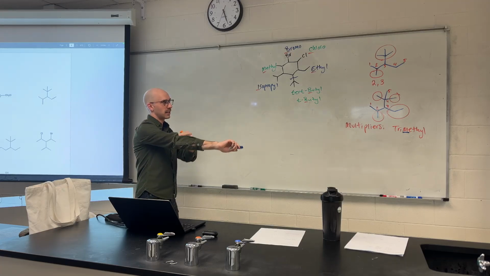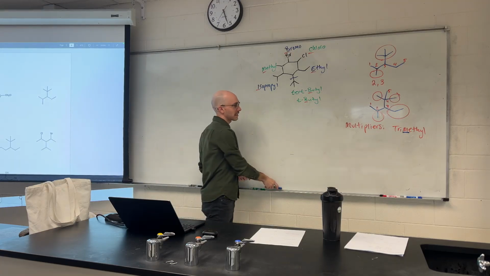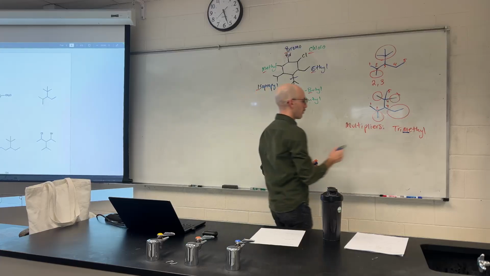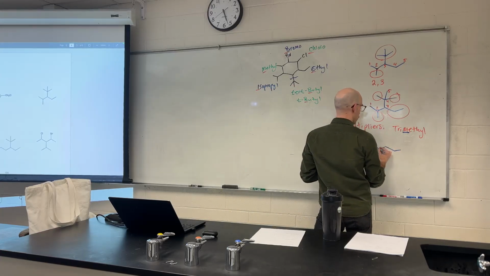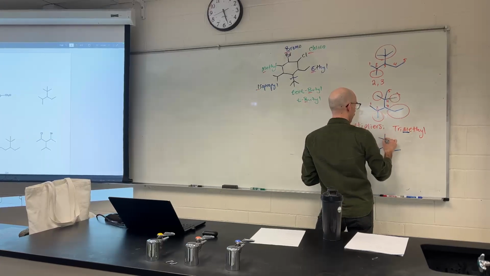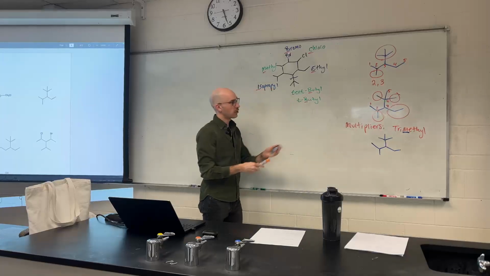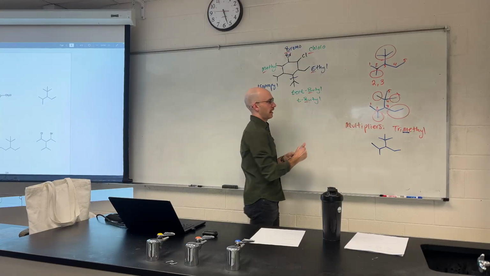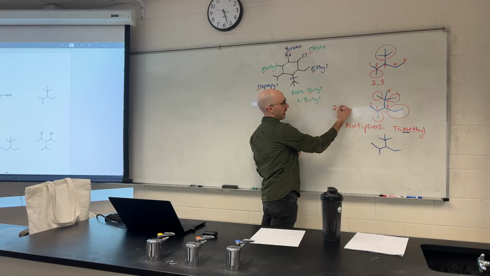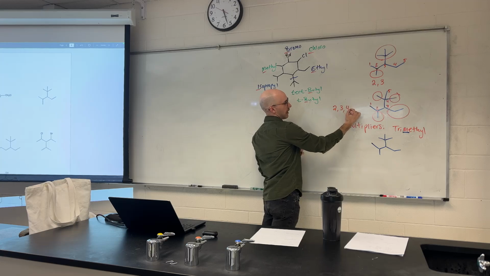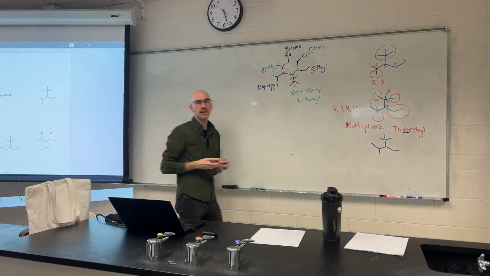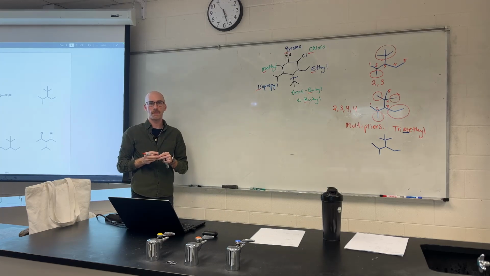Okay, another question that's worth asking here is, which direction should I number this 5 carbon chain? The locant set that I got here had a methyl at 2, ethyl at 3, and 2 more methyls at positions 4 and 4.